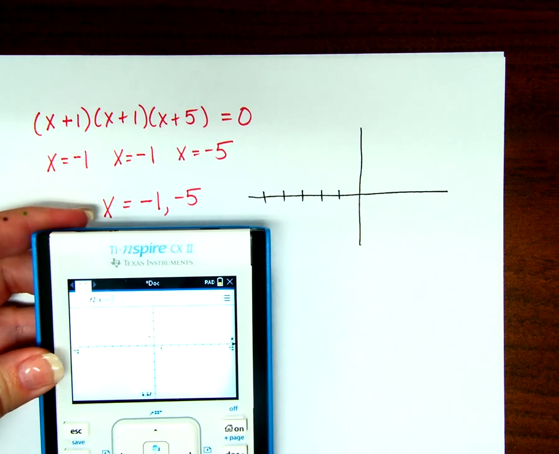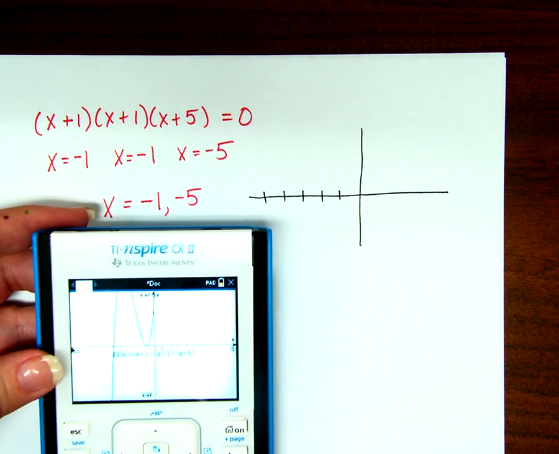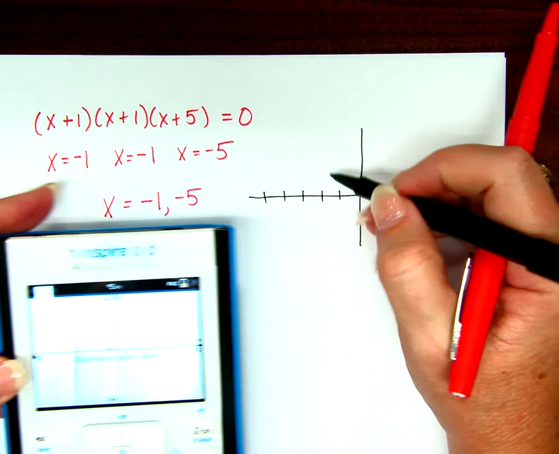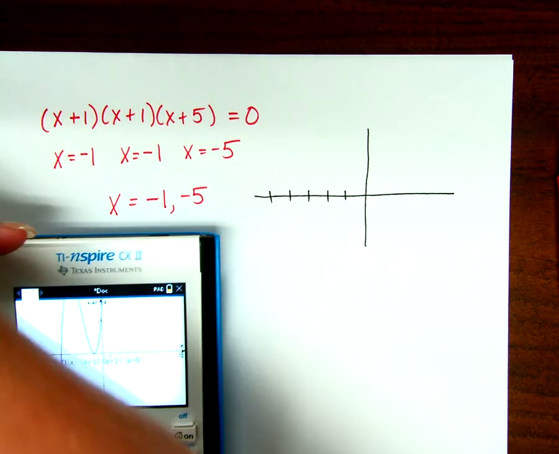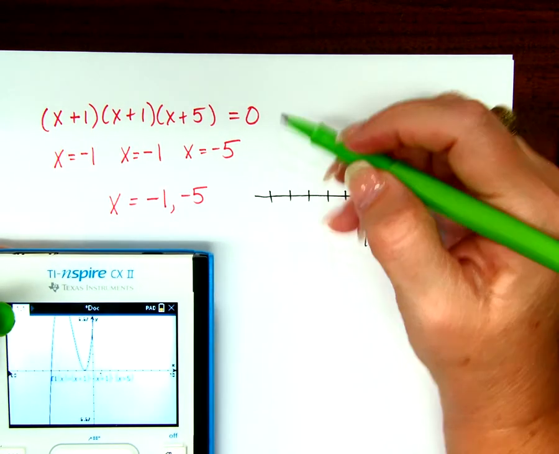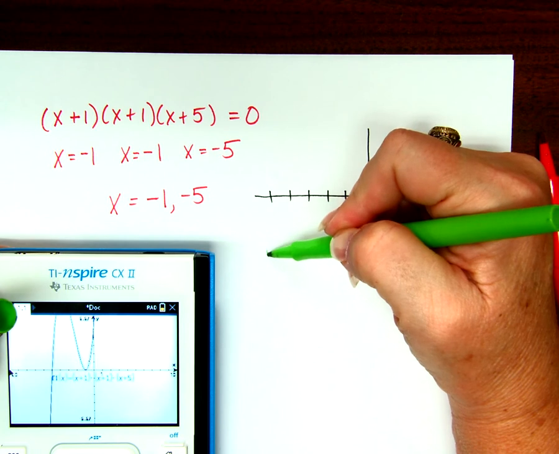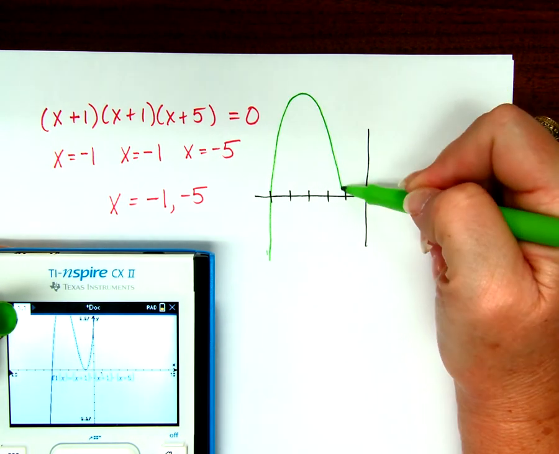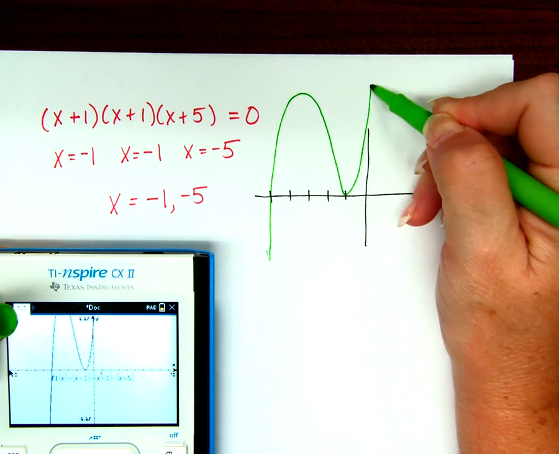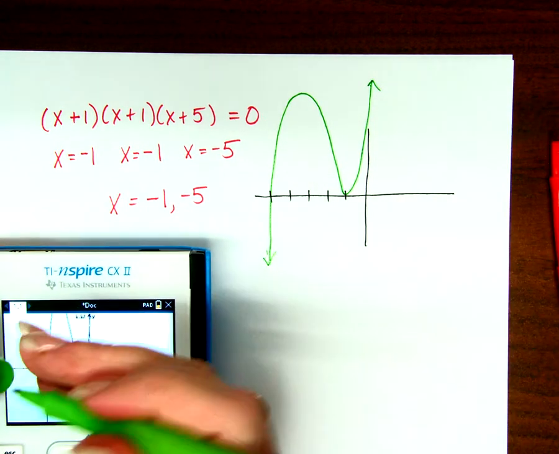X plus 1, X plus 1, and X plus 5. Okay, so it's crossing. I'm going to get a different color. I'm not going to draw this all pretty and stuff. I'm going to get it pretty close though, okay? That's pretty close, okay?